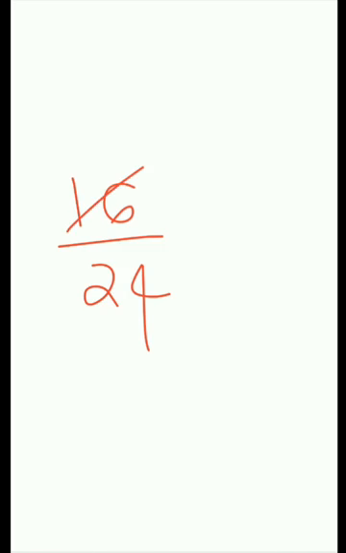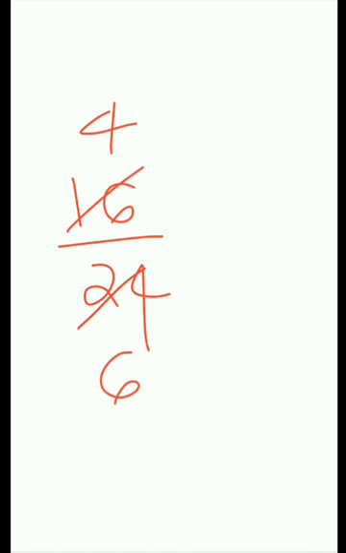Once again consider the same fraction 16 by 24. Instead of starting by dividing by 2, you can start by dividing 16 and 24 by any of its common factors. 4 is also a common factor of both 16 and 24. So we can cancel 16 and 24 by 4. 4 times 4 is 16 and 6 times 4 is 24.